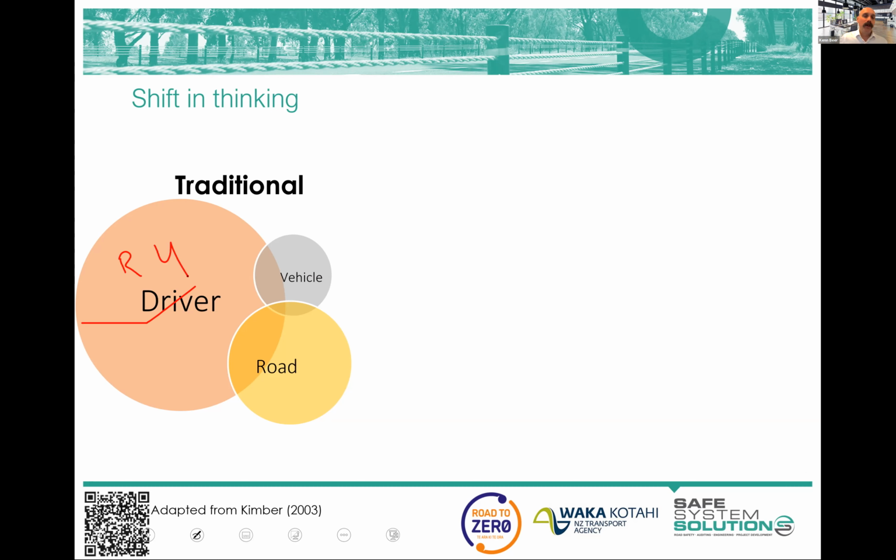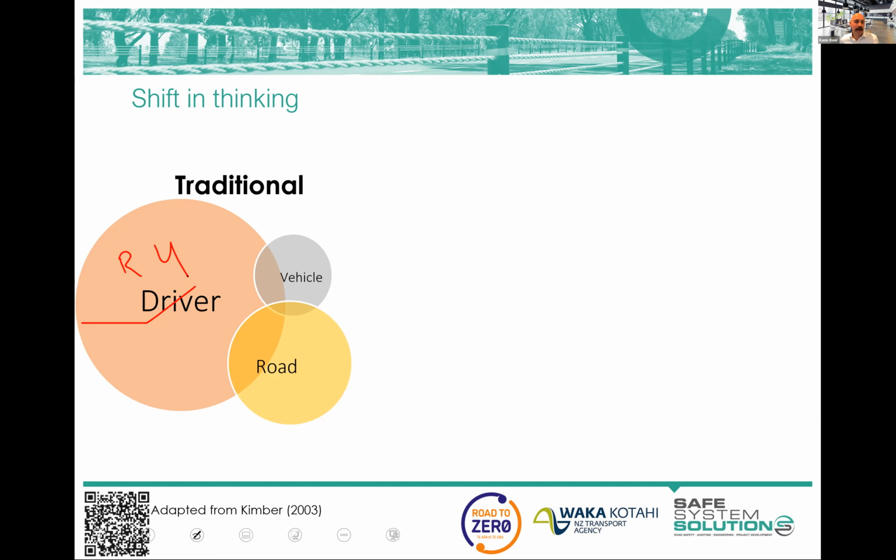When you do an in-depth investigation into a whole lot of crashes, as these crash causation studies do, they take 1,000 or 5,000 crashes and they analyze them in excruciating detail and look for root cause and do root cause analysis. And what they discover is that human error, driver error or road user error, is around the 90% of the cause of crashes.